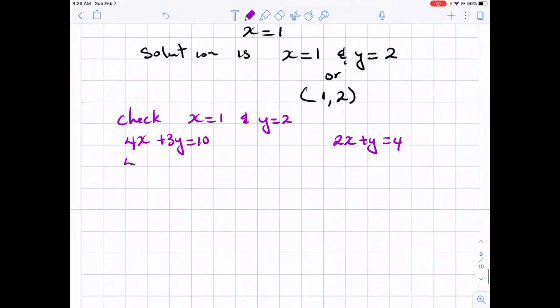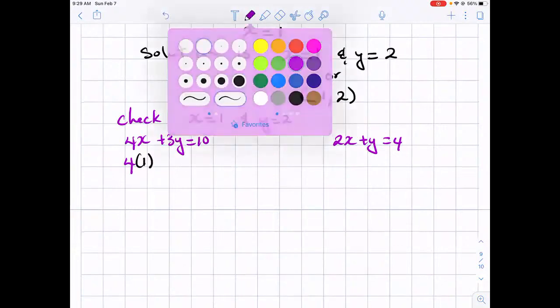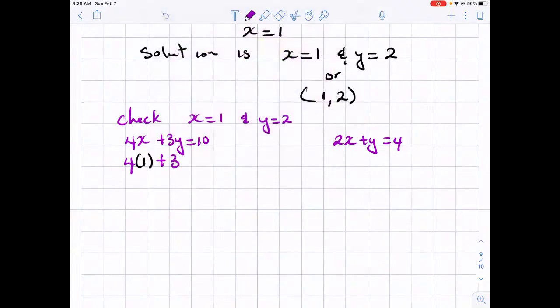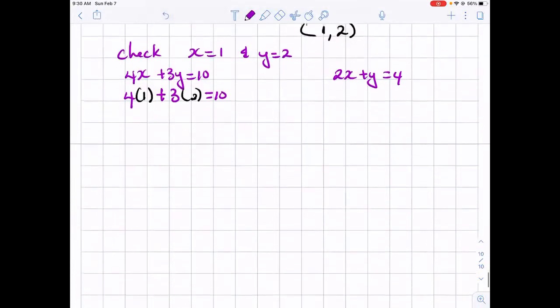So if x is 1, we have 4 times 1, plus 3 times y, which is 2. Let's see if that simplifies to 10. 4 times 1 is 4. Positive 3 times 2 is positive 6. 6 plus 4, 10 is equal to 10. That checks. So the first equation checks.